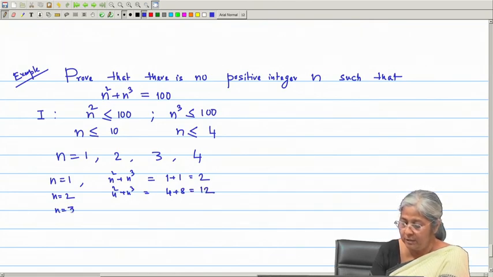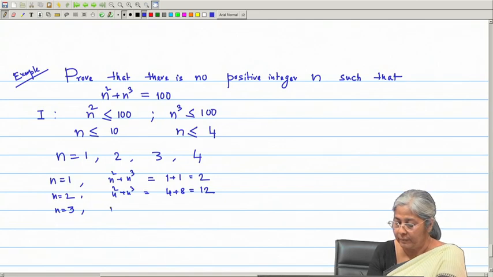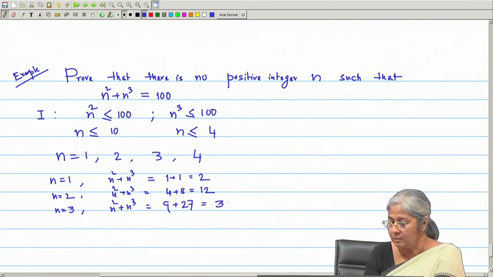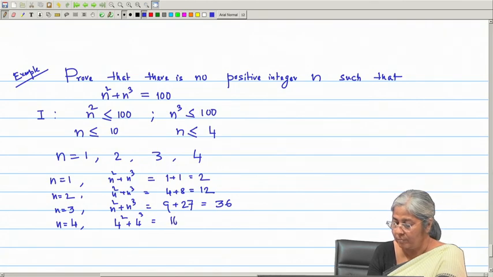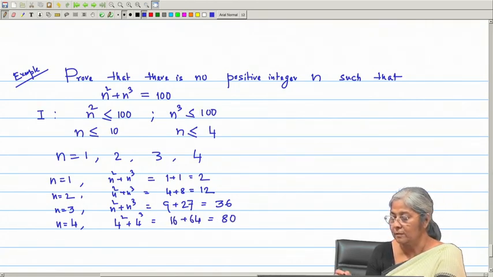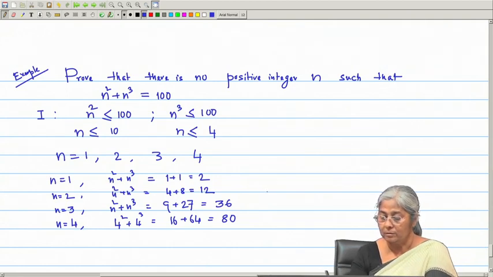For n equal to 3, 36. For n equal to 4, it is 80. So, none of these are equal to 100.